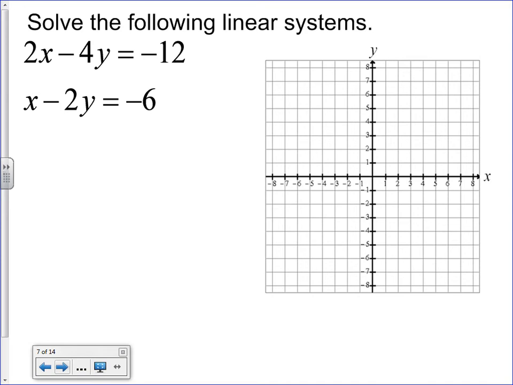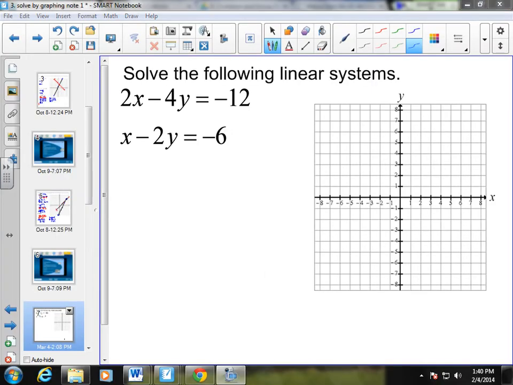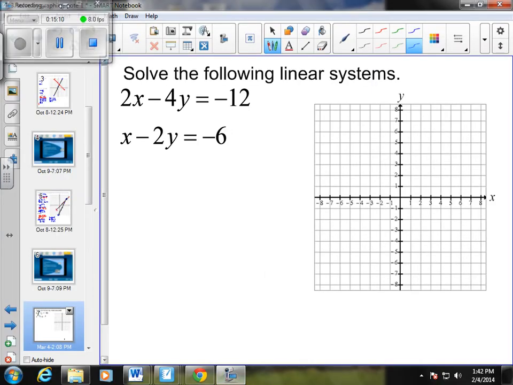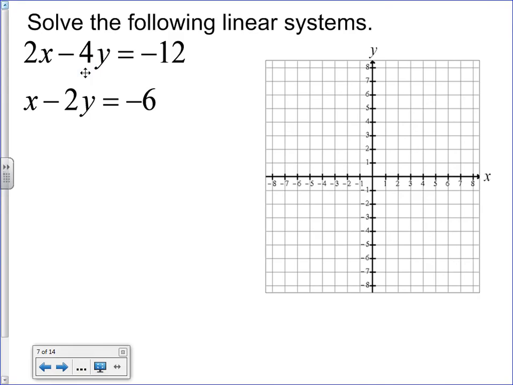Here is an interesting one. So we've talked about point of intersections for this. I want you to rearrange these two equations into y equals mx plus b. I want you to do that right now. Take a couple minutes and do it. Okay, Billy, tell me, what did you get when you rearranged the first equation? Okay, go through the steps.